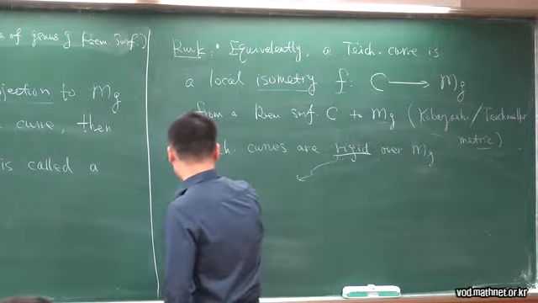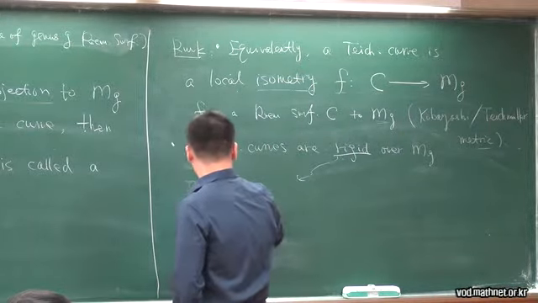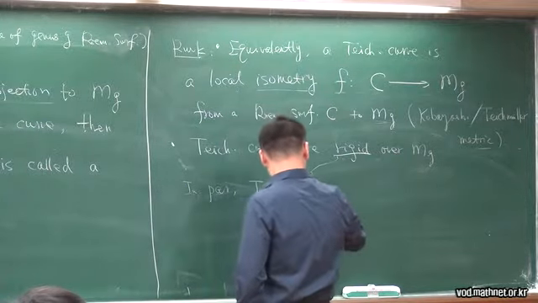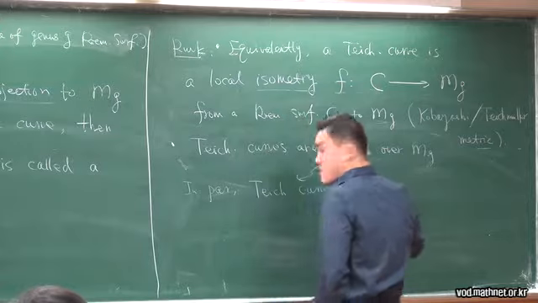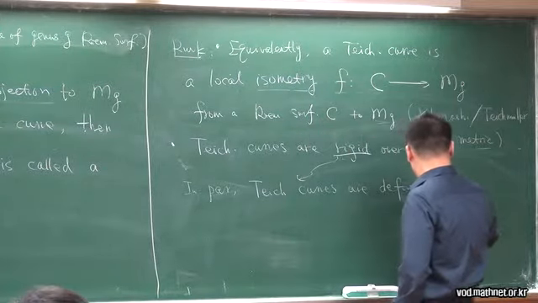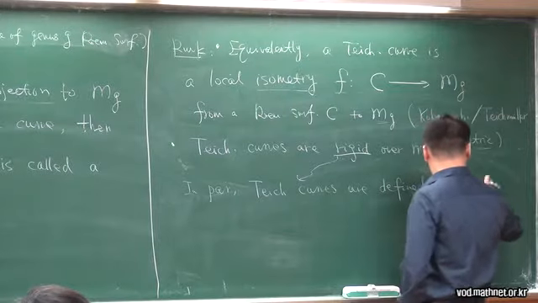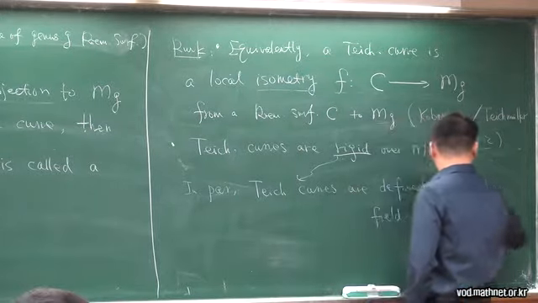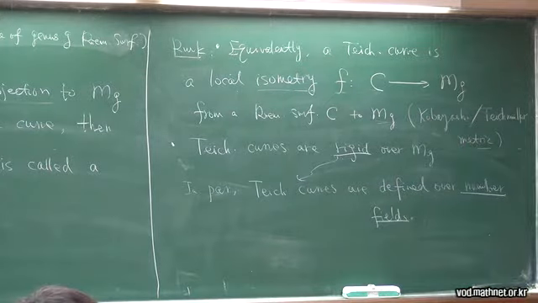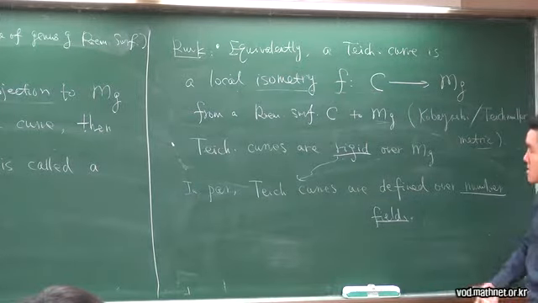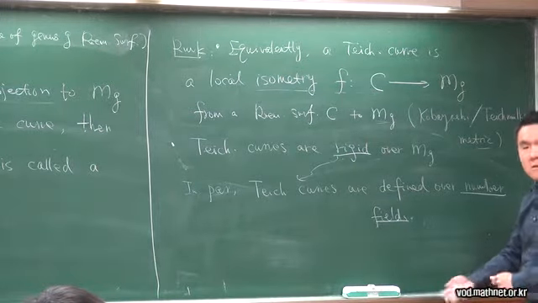For arithmetic geometers, this rigidity tells you that Teichmueller curves are defined over number fields. For instance, you can define them over Q bar. So if you only look at these special orbits coming from Teichmueller curves, you can work without the full complex number field.